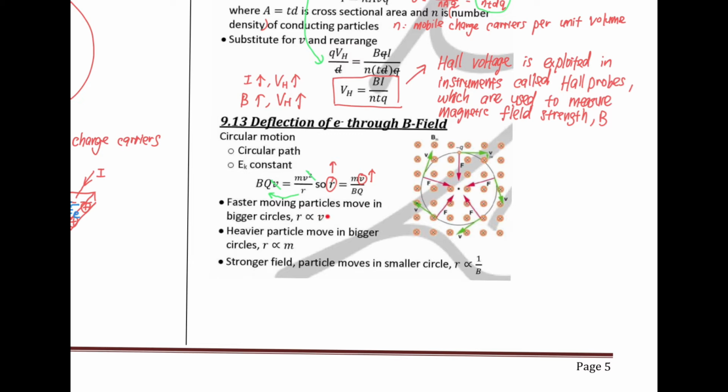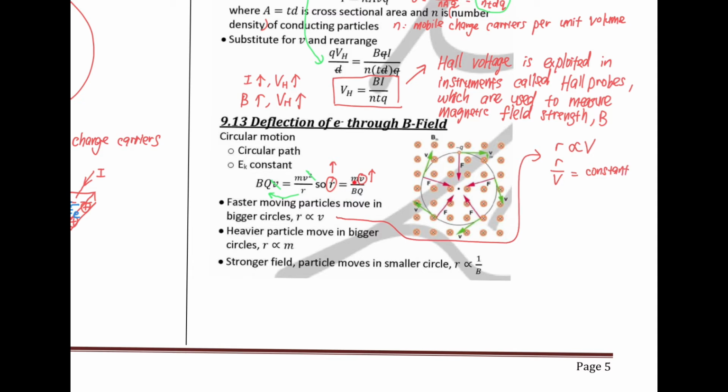So if R is proportional to V, then we can get something like this. I put it at the side first. R is proportional to V. That means R over V is a constant. What constant is that?